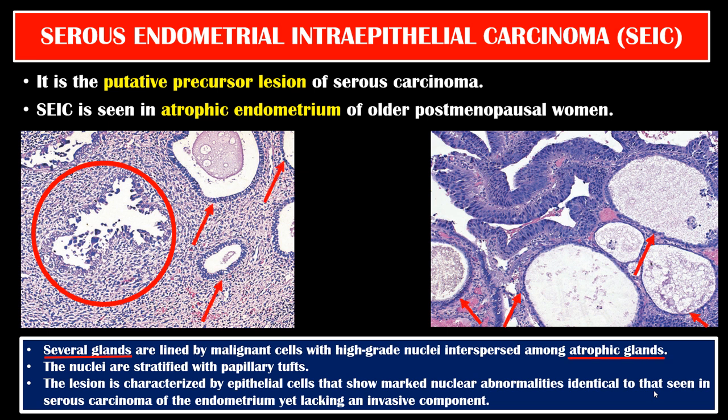The nuclei are stratified with papillary tufts. The lesion is characterized by cells that show marked nuclear abnormalities identical to that seen in serous carcinoma of the endometrium, yet lacking an invasive component.